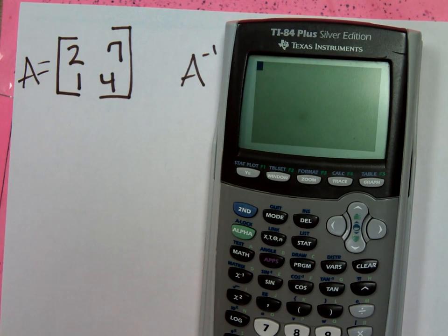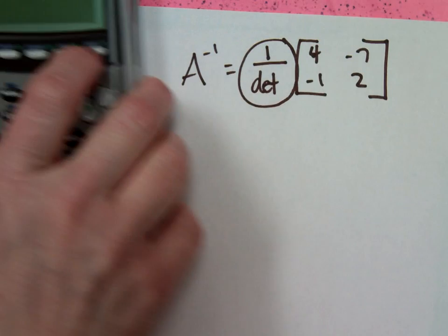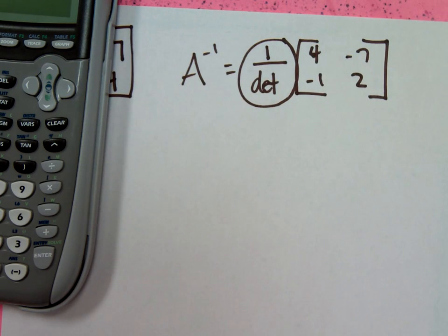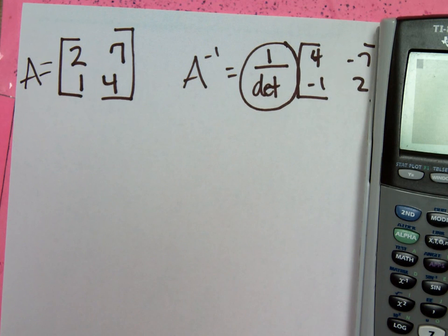All right, so let me give you a matrix and just practice pushing all the buttons, finding the inverse. Let me change to a prettier color. Purple.